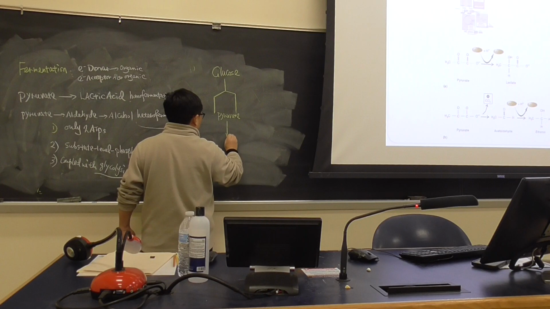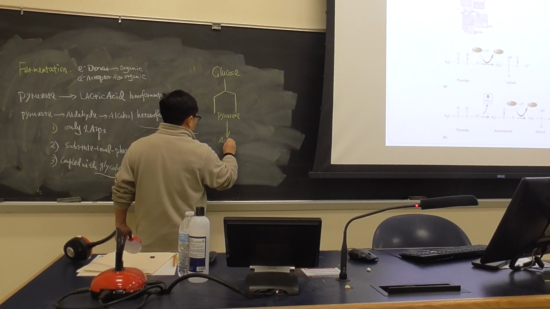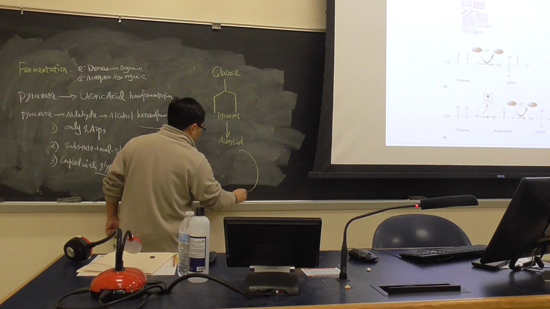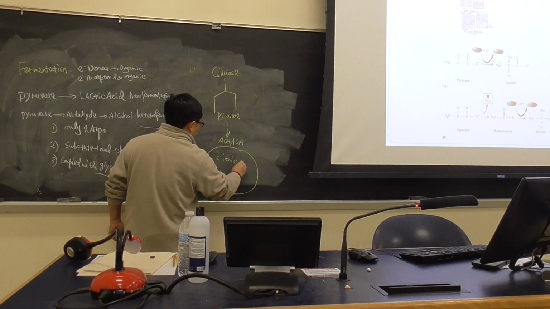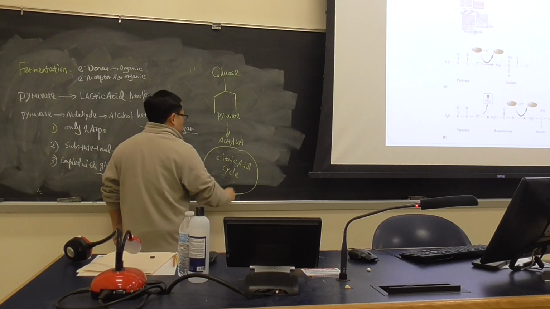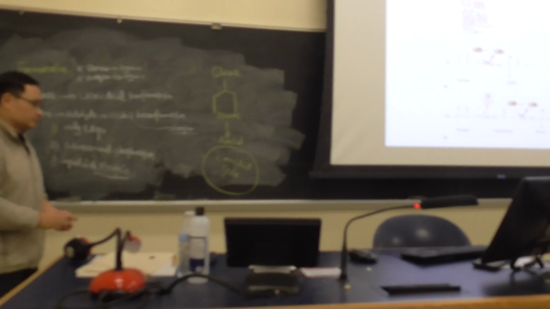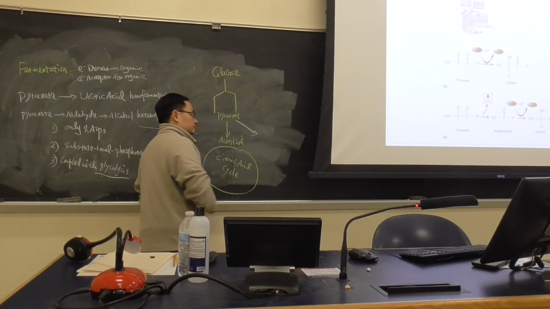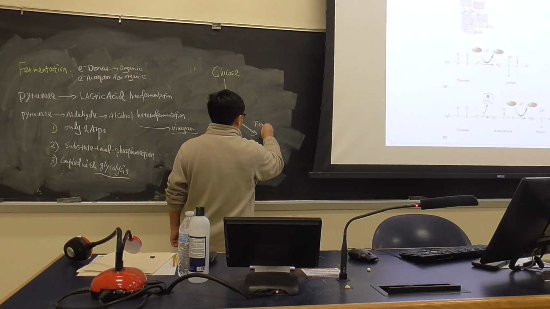Then the pyruvate goes through a transition step to become acyl-CoA. Then the acyl-CoA goes to the citric acid cycle, which will generate a huge amount of ATP. We'll talk about the calculation. But the pyruvate could go this way, which is going through fermentation.